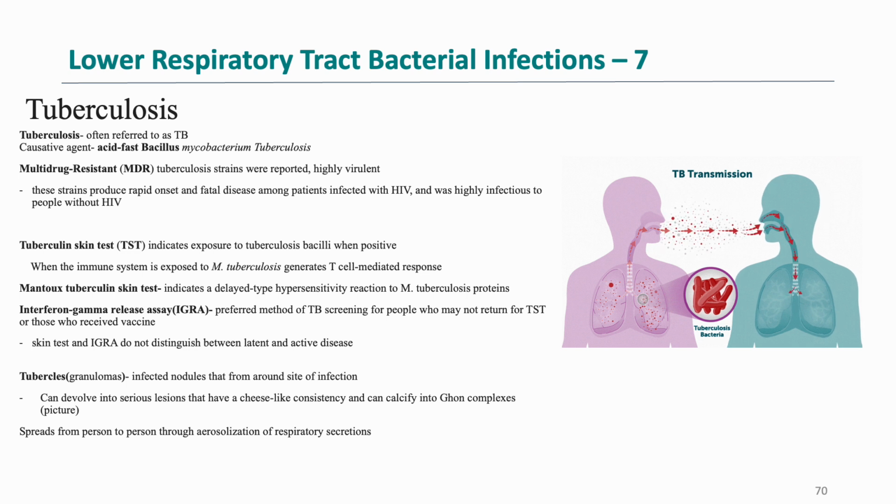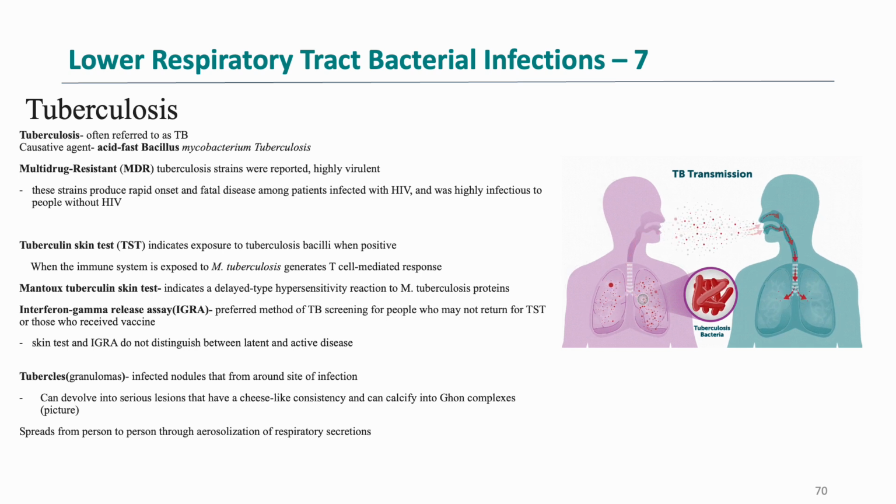And then the preferred method for TB screening for people who may not return for their skin test is the interferon gamma release assay, and also if they have received the vaccine, that's another way to test. The skin test and the gamma release assay do not distinguish between the latent form of tuberculosis and the active form, which we'll talk about in the next slide.